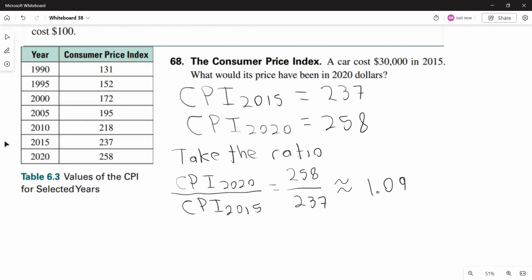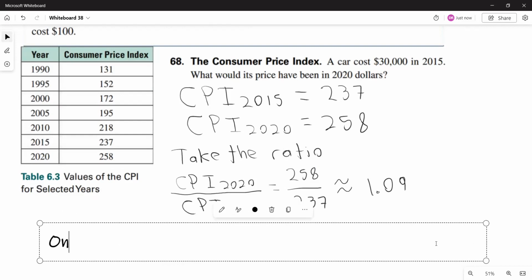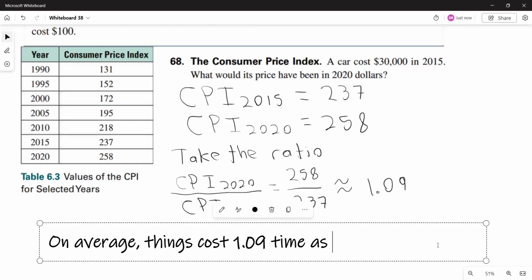This means that on average, things cost 1.09 times as much in 2020 as they did in 2015.